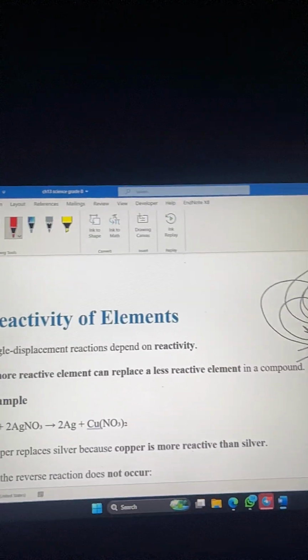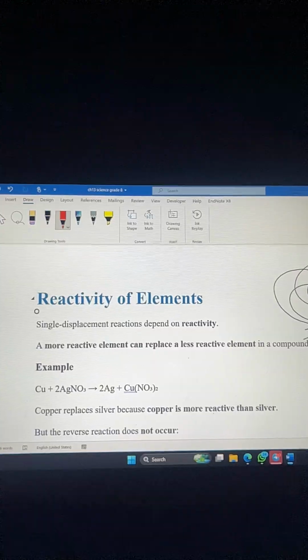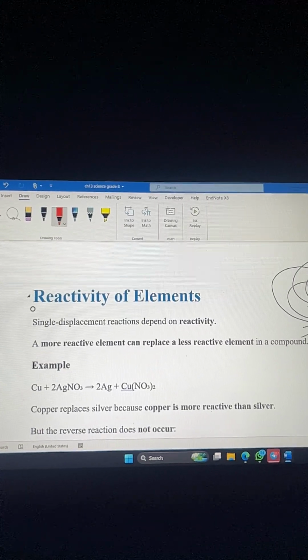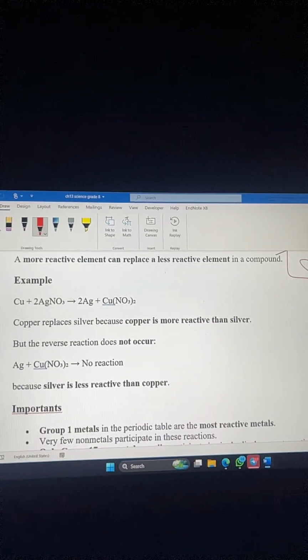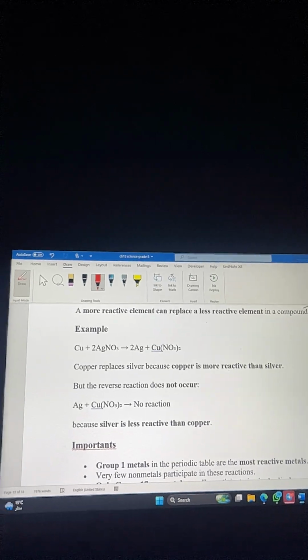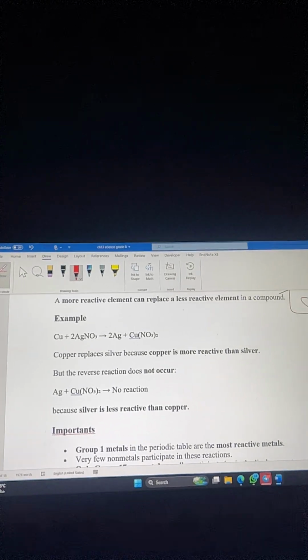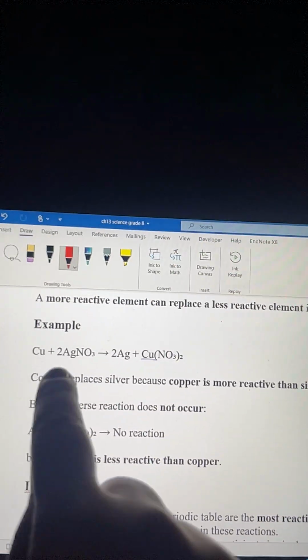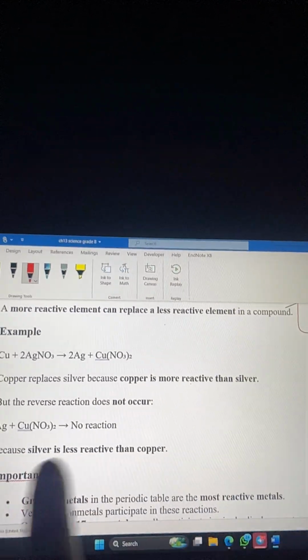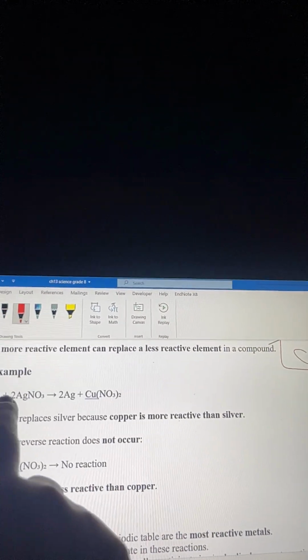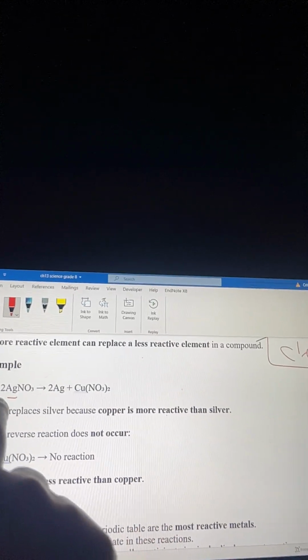With an example, you will always understand more. How are you going to recognize the single displacement reaction? You have one element and a compound. So this is Cu and this is Ag.